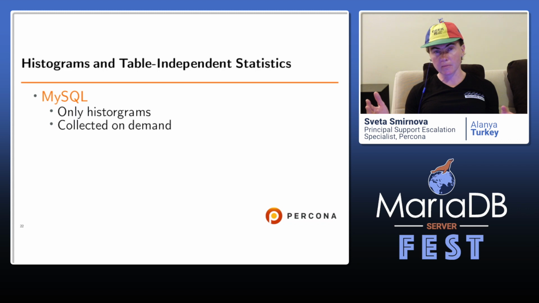Histograms are statistics stored independently from the engine. For example, if you store colors, you have three rows storing red color and 1000 rows storing blue color. If you are using indexes, you will have a cardinality which is about half of the table, like 500 for both colors, which is quite untrue.